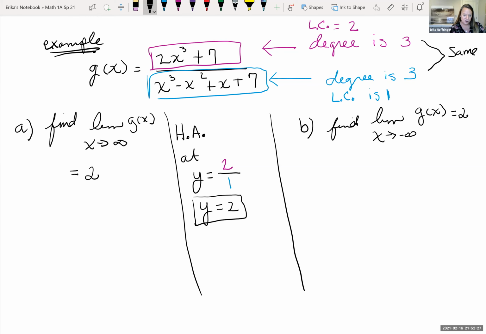So if you don't like to do it that way, remembering your rules of exponents to find horizontal asymptotes, there's another way you can think about this.